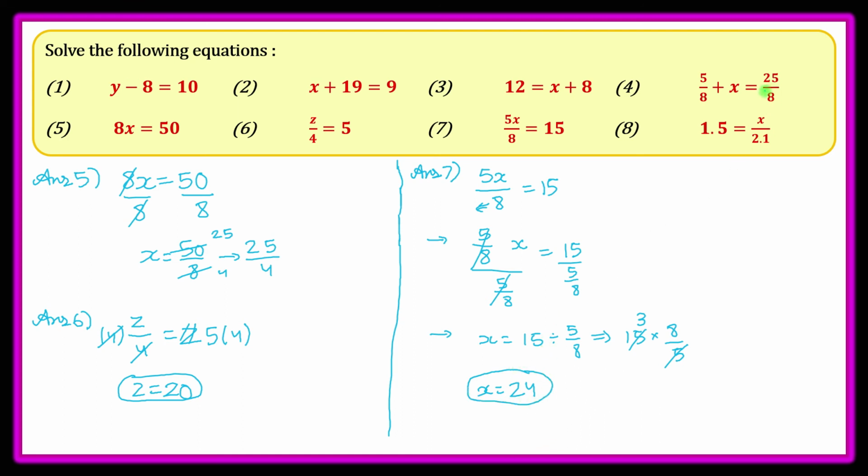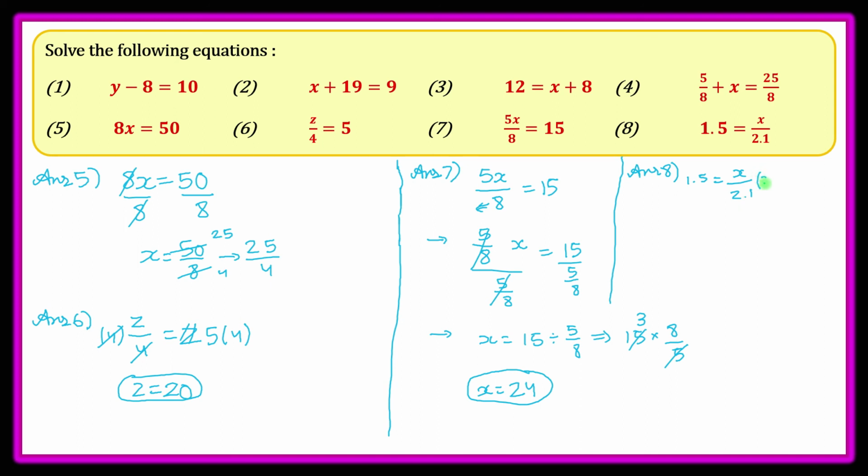Here we go. Now for the 8th question, it is pretty easy, but a little bit tricky. So we have 1.5 equals x upon 2.1. You can switch the sides, but I'm just going to do it directly. Here, as it is divided by 2.1, multiplication is the inverse operation of division.